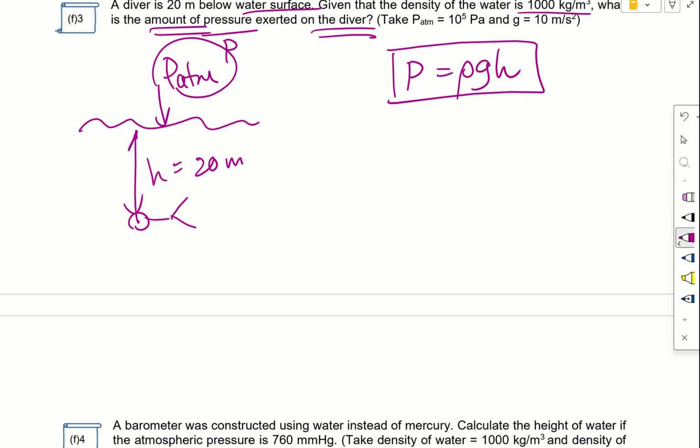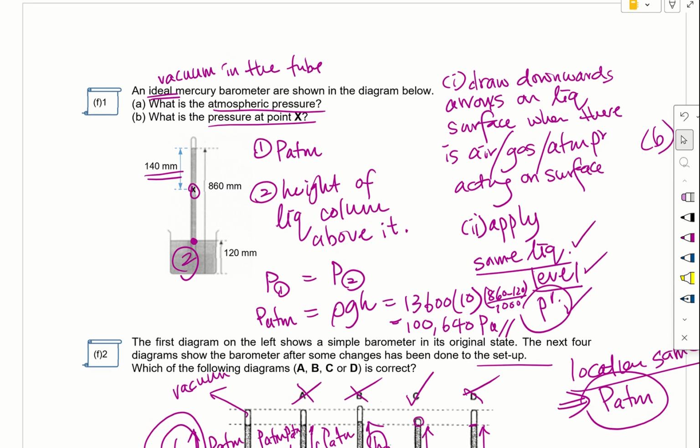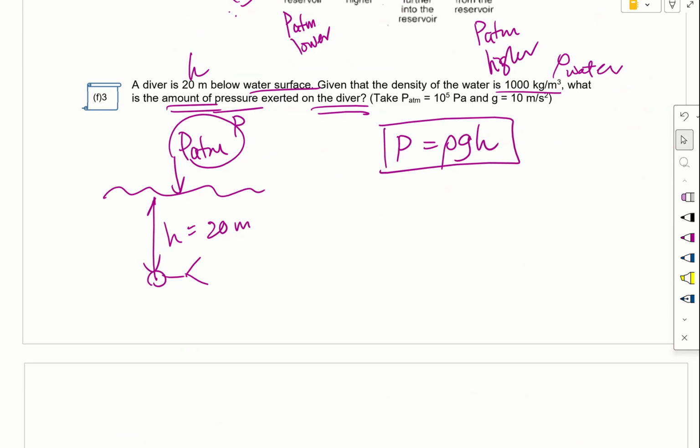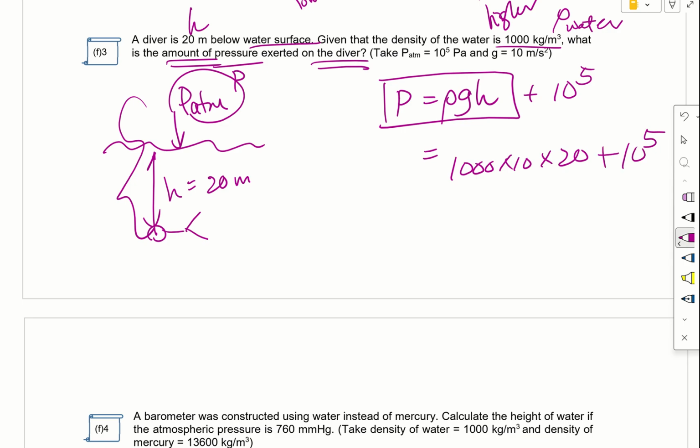Remember, whenever there is air, gas, or atmospheric pressure acting on a liquid surface, we draw a downward arrow so that we'll remember that the total pressure is due to the height of the liquid above the diver plus the PATM. So now we just need to add in 10 to the power of 5. Density is 1000 times 10 times 20, plus 10 to the power of 5, and your answer will just be this.